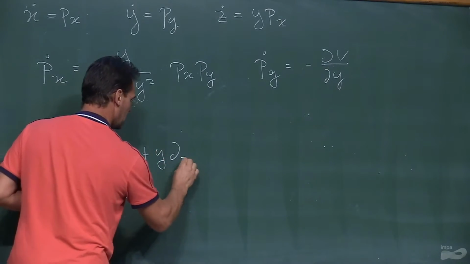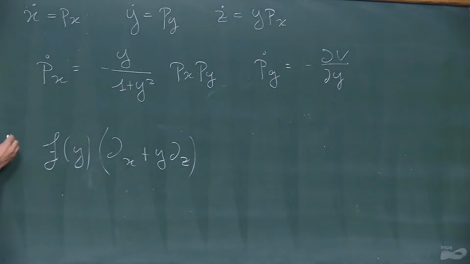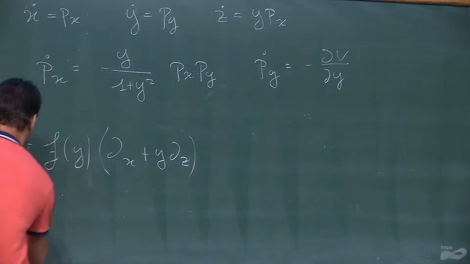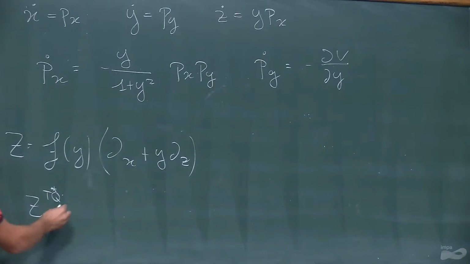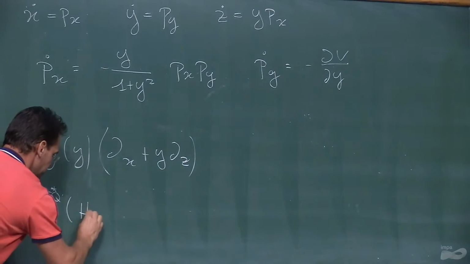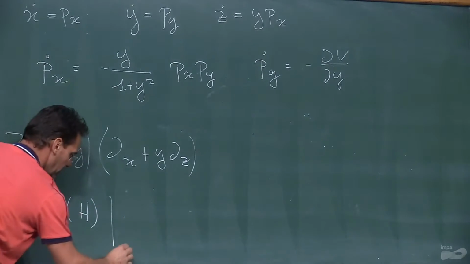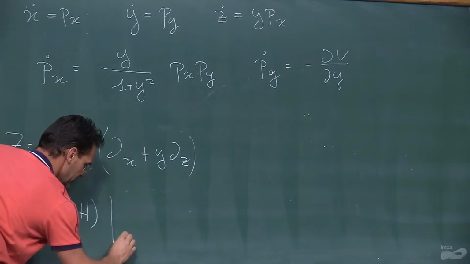I call this Z, and then I lift it to the cotangent bundle. So I consider its cotangent lift, and then I impose some kind of momentum equation, and I evaluate everything over the constraint.